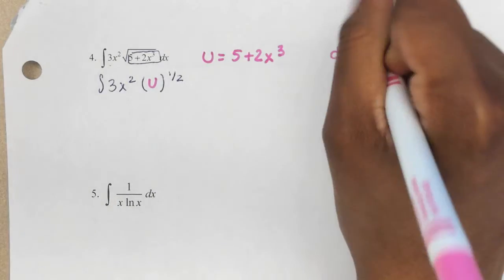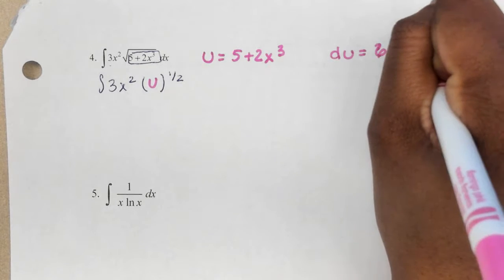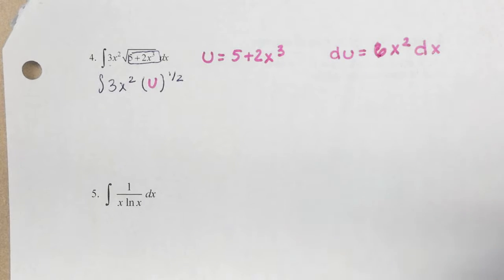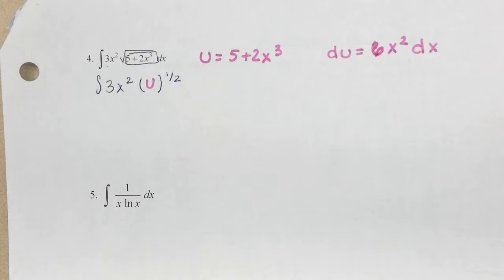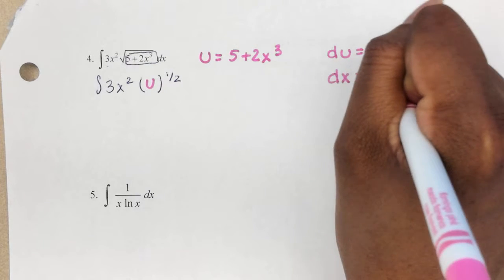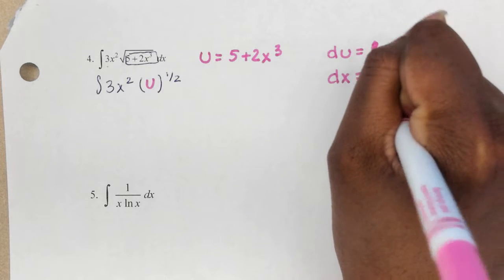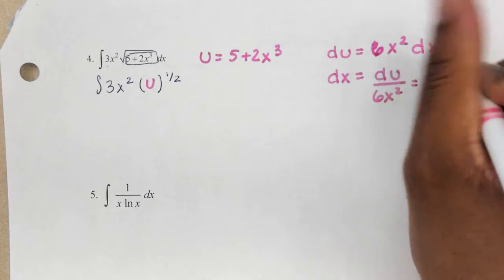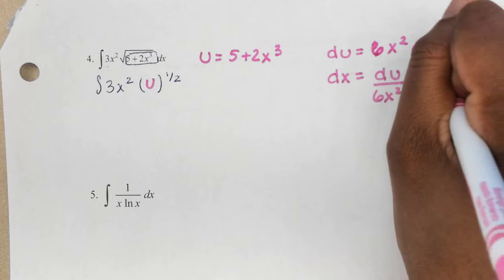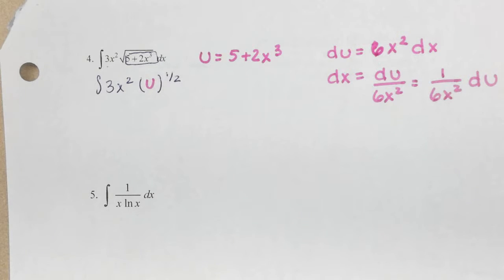So du is equal to 6x squared dx. Okay, and then dx is equal to du over 6x squared, which is equal to 1 over 6x squared du.